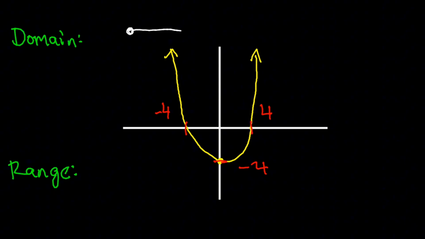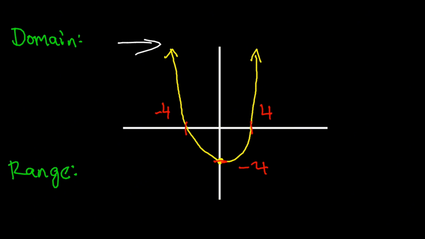Let's start with the domain. So from left to right, you can see that there's an arrow over here, so x is going infinitely up and this way.